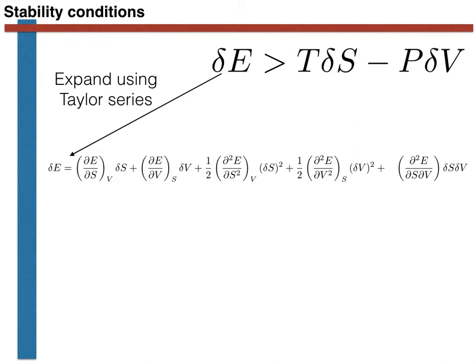Furthermore, we learned in the videos on the internal energy that the partial derivative of the internal energy with respect to entropy at constant volume is equal to the temperature. Furthermore, the partial derivative of the internal energy with respect to volume at constant entropy is equal to minus the pressure.